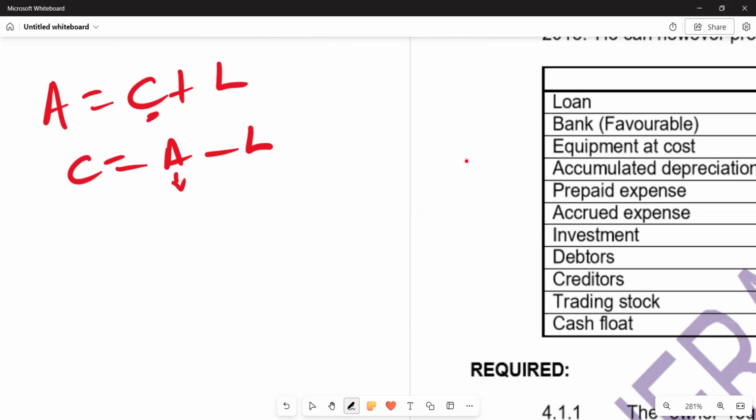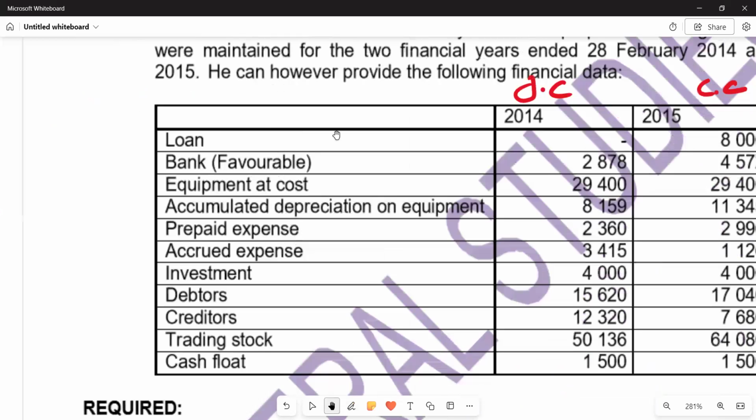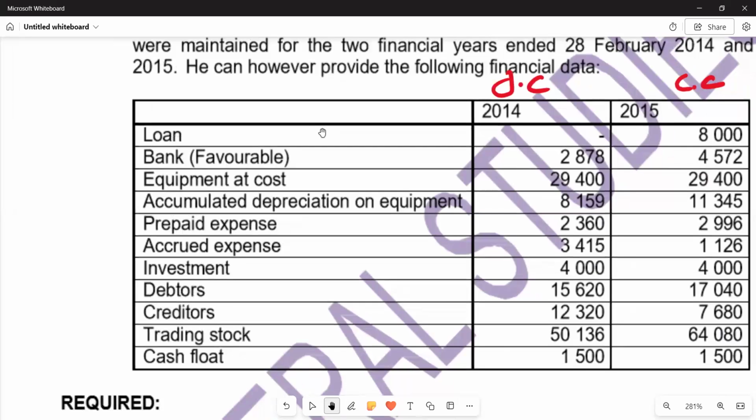And then we also list all the liabilities that we have in the columns, add them, get the total. Then we say the total for assets minus the total for liabilities. Then we get the capital figure for the opening balances and then the closing balances. So what is important is for you to identify which one is an asset and which one is a liability first before we start to add them.